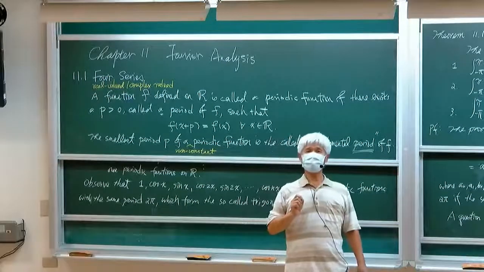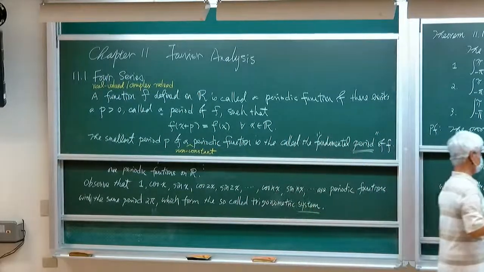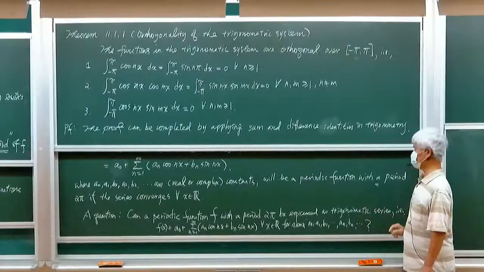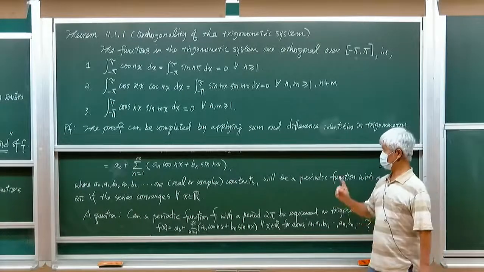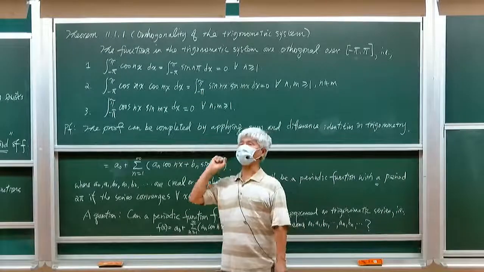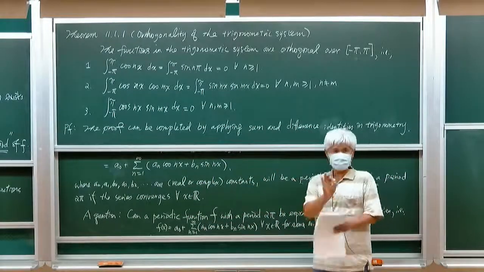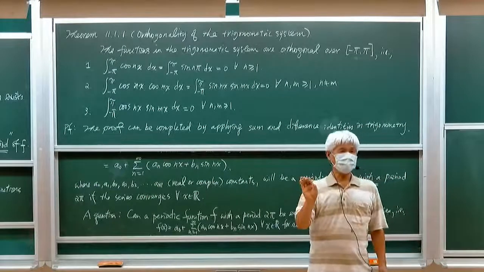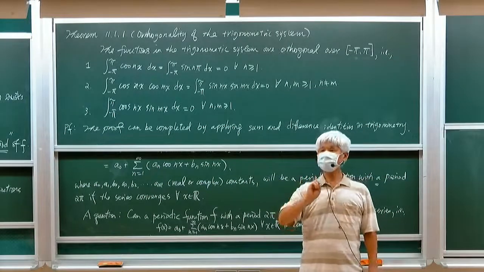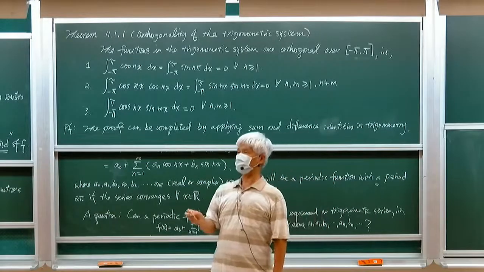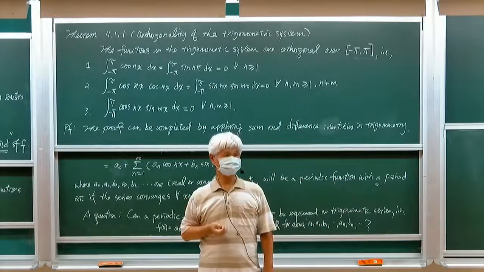Can a clock signal be expressed as a trigonometric series if the period of the clock signal is 2 pi, of course? But as you know, we can do time scaling to make any clock signal a periodic function with a period 2 pi.